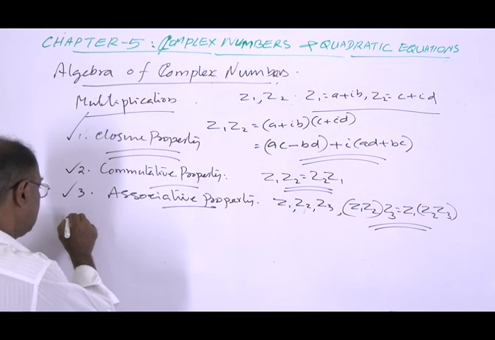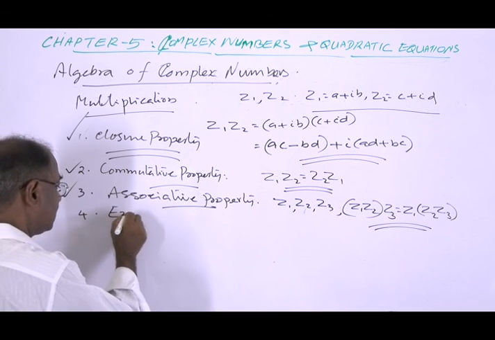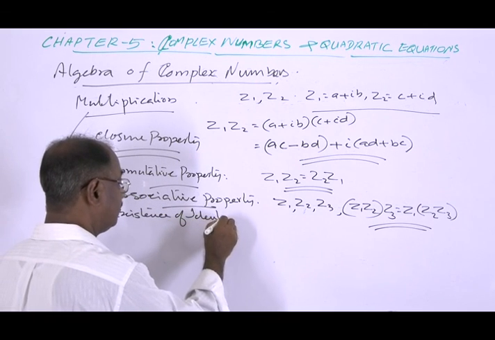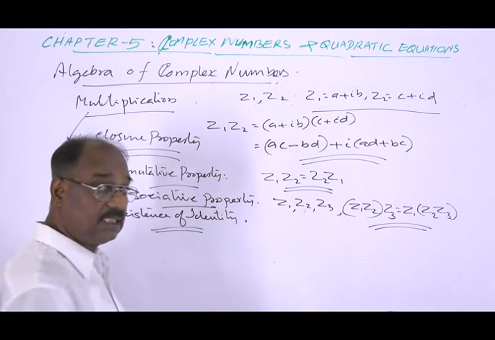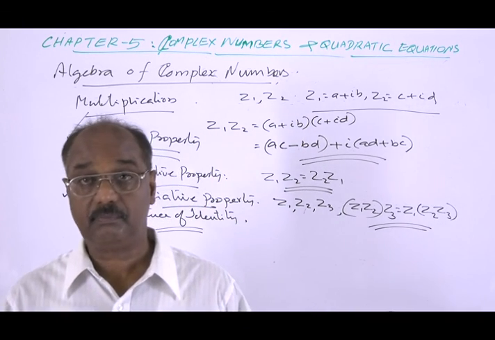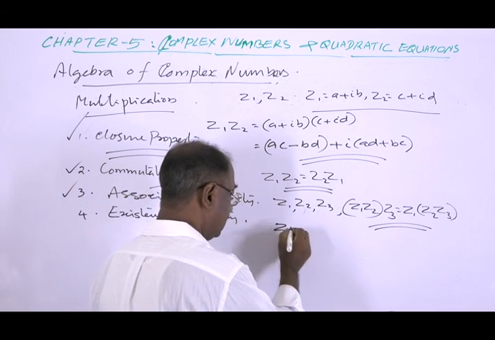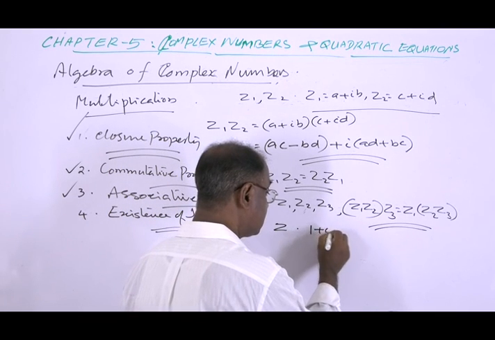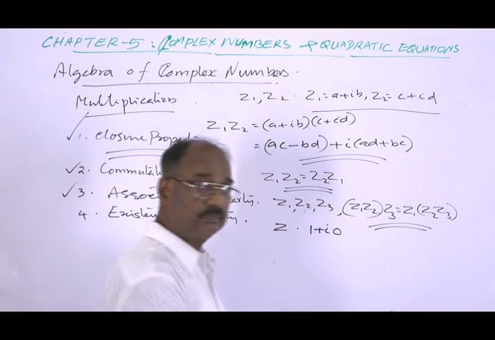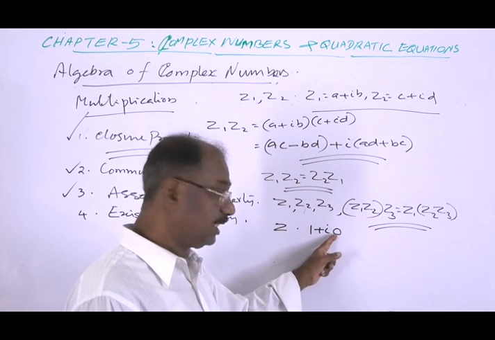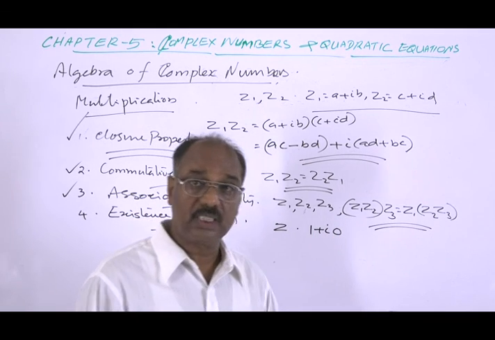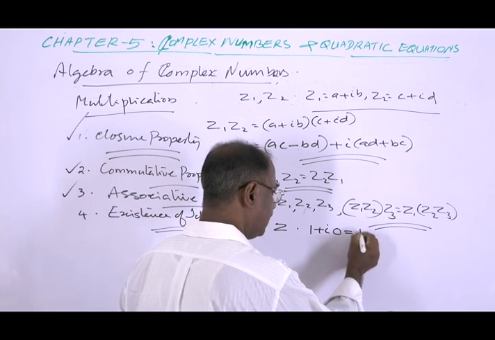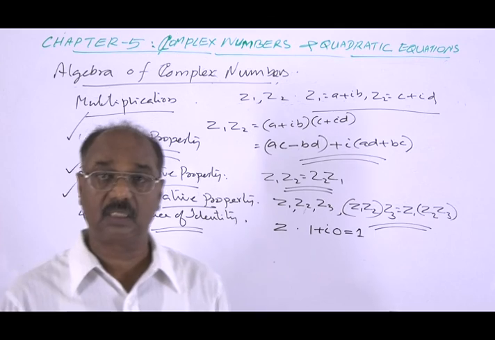And then the next one is the fourth property, existence of identity. Whether there is an identity for the multiplication. Now consider Z any complex number. Then we have the complex number 1 plus I into 0. 1 is a real number, 0 is another real number, so 1 plus I into 0 is a complex number. This is usually denoted by 1 itself, the real number 1, which is again a complex number.